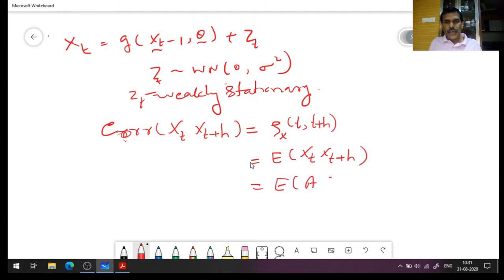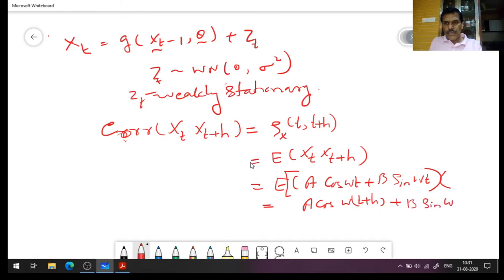Now you can substitute a cos omega t plus b sin omega t and simplify.